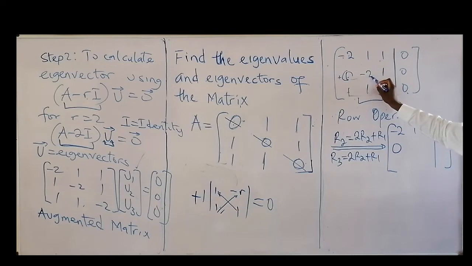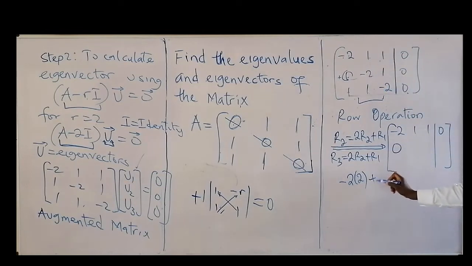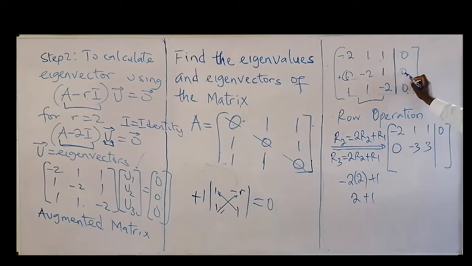Here also, this is minus 2 times 2, then plus 1, that's minus 3 here. Here also, this is 1 times 2, that's 2, then plus 1, that's 3. Then 0 times 2 plus this, that's this.